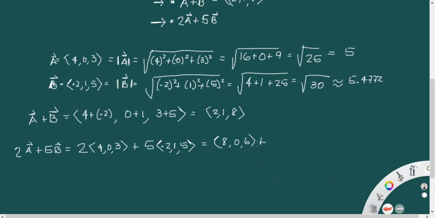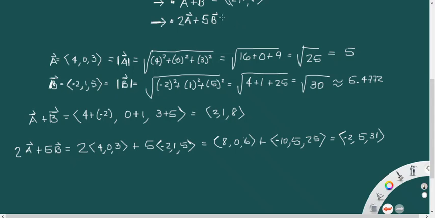And let's add here the summation symbol. 5 times minus 2 equals minus 10. 5 times 1 equals 5. 5 times 5 equals 25. Adding all this, 8 plus minus 10, 0 plus 5, and 6 plus 25, we will come up with minus 2, 5, 31.